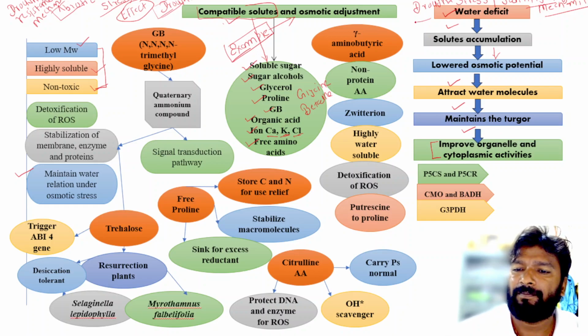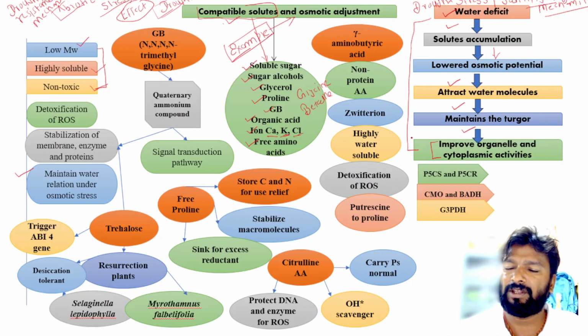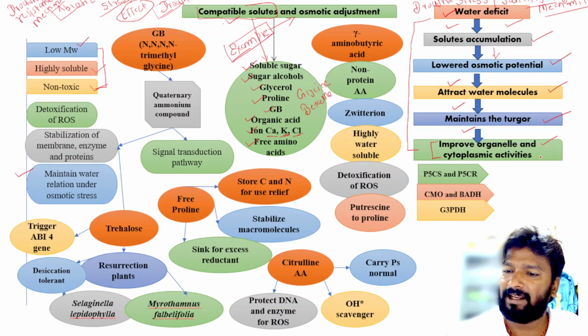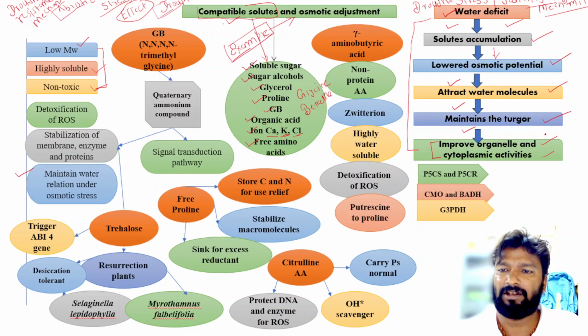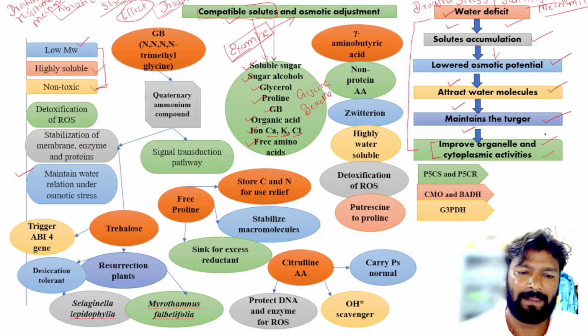So this is the mechanism of compatible solutes: under water deficit condition, they accumulate and lower the osmotic potential. Then they increase the attraction of water molecules and maintain turgor pressure, so they improve organelle and cytoplasmic activities. This is the mechanism of compatible solutes.